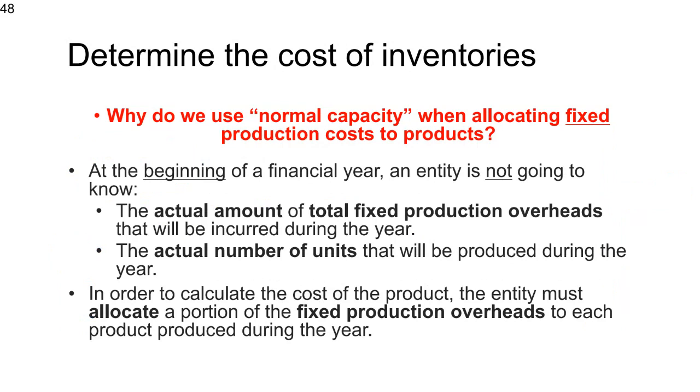The fixed overheads, for example, rental, is easy for me to estimate because I can do a calculation on it since it doesn't change. The problem is really the actual number of units. I can't predict it at the beginning of the year, and I will only know at the end of the year how much I produce in total.